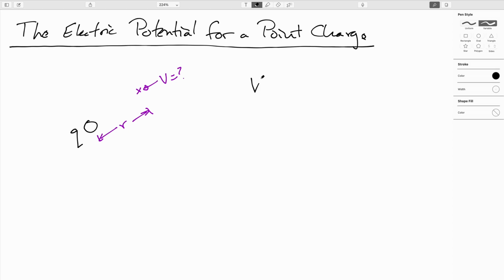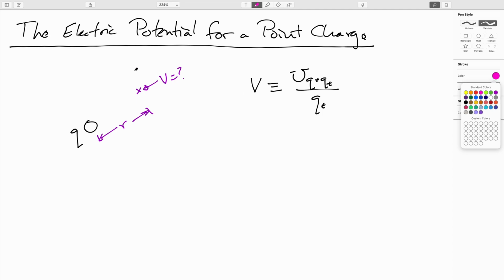So the recipe is going to be similar to what we were doing when we defined the electric field. We will say that the electric potential is defined to be the potential energy due to this source charge plus some hypothetical test charge, and then we divide the test charge back out. So in our imaginations, we imagine sticking a test charge right there.